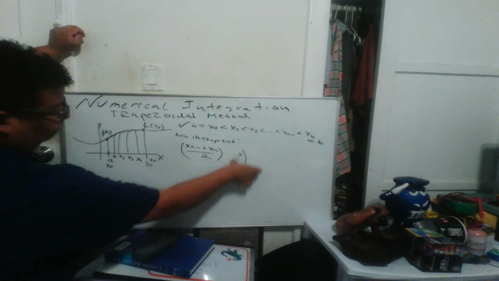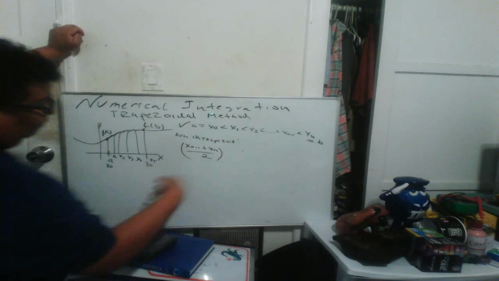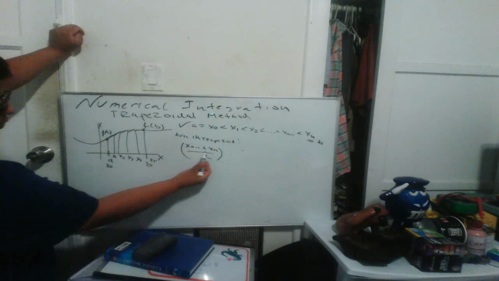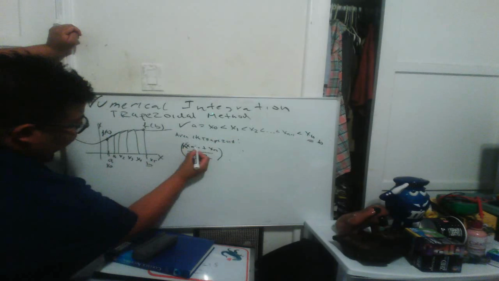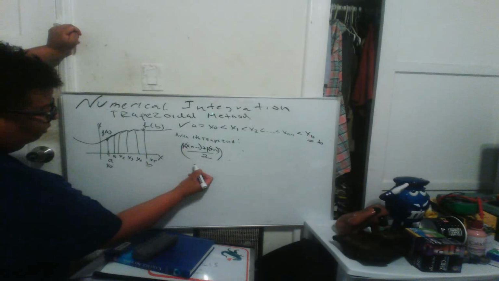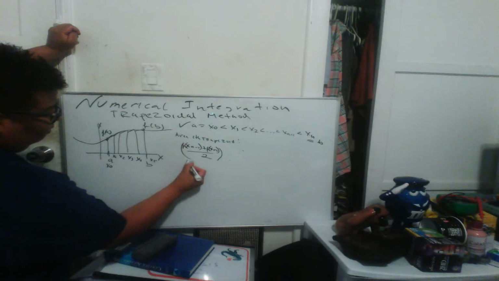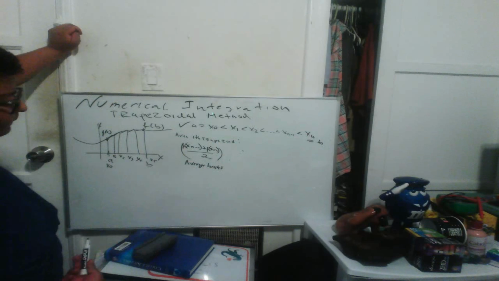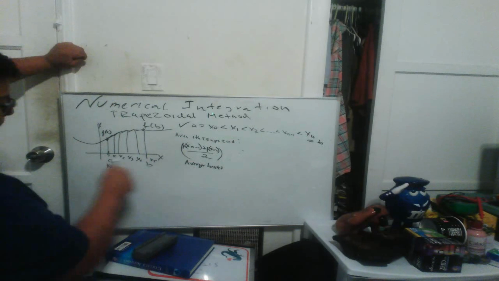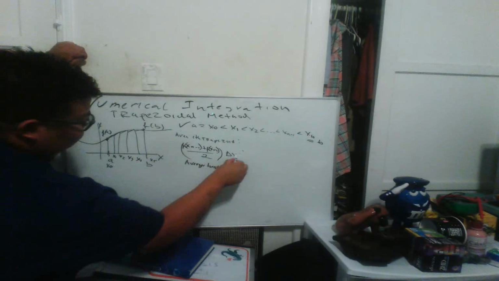So f of x of i minus 1 plus f of x of i, and this is going to be your average height. And then to find the width, we multiply times delta x.